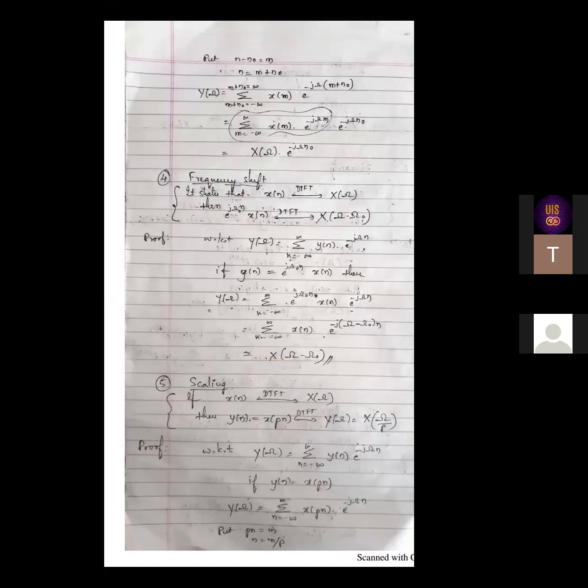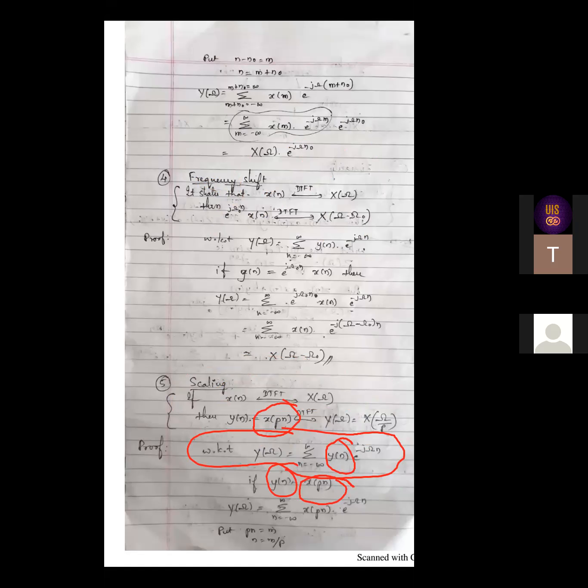We will again start with the definition of the Fourier transform. We know that y of omega is summation y of n times the exponential term. Now the LHS is x of pn. So instead of y of n, I will substitute that x of pn. I will assume y of n as that LHS of your property.